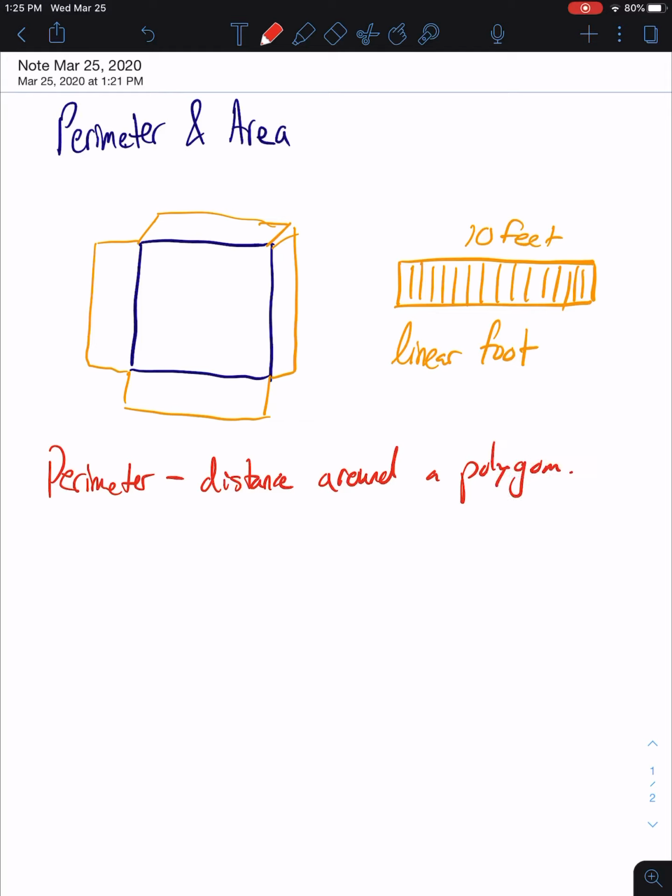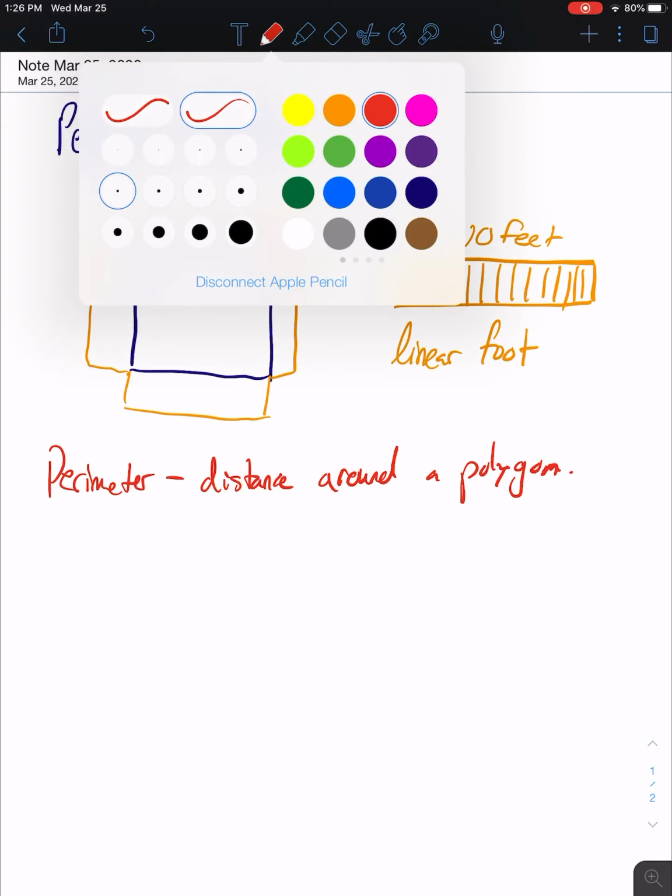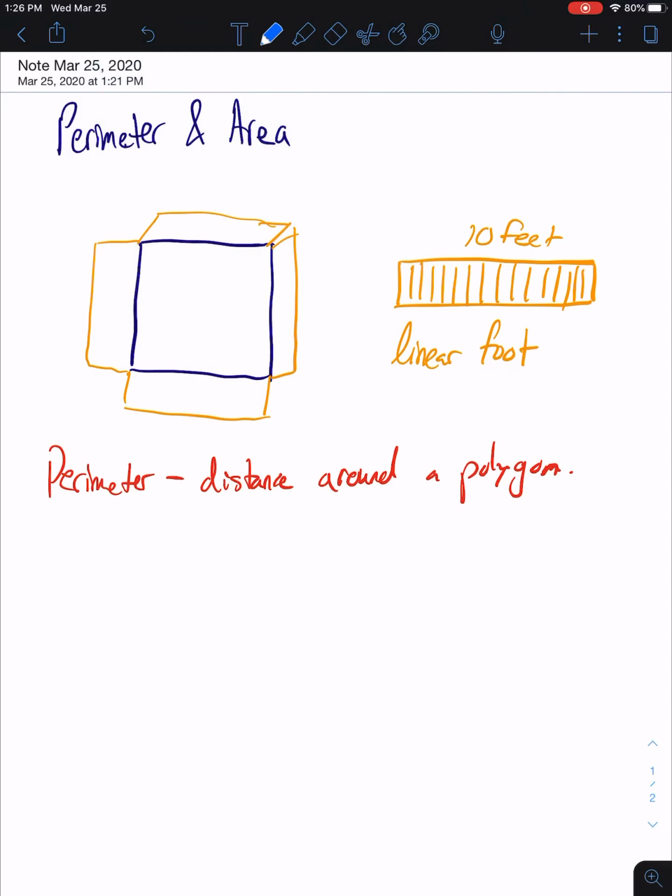Now, there are going to be specific perimeter questions that we look at. Some are going to be asking us to find specific perimeters, so it may not always be just the distance around whatever object we see, but we'll take a look at some of these problems. But in all reality, what perimeter boils down to is the following.